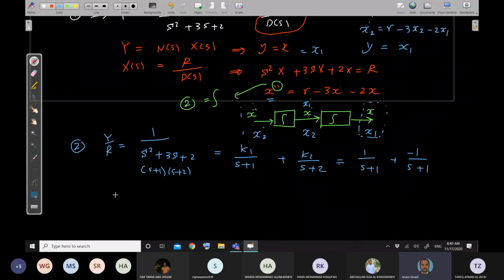Then we say that I will write y equal r over s plus 1 minus r over s plus 2. Now this one actually is the same as the previous one.